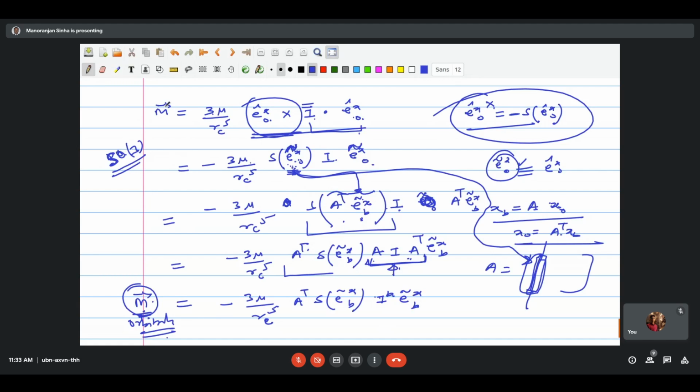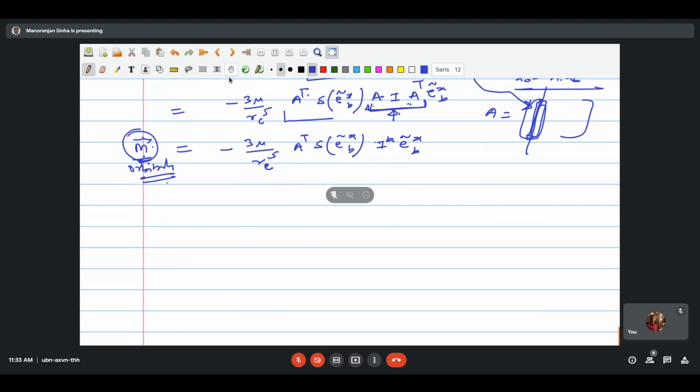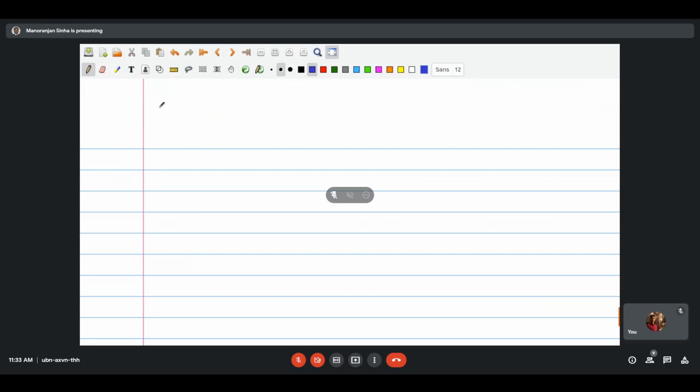For that, in the next step we write m body is equal to A times m orbital. So this torque will be converted into the body torque in the body frame.